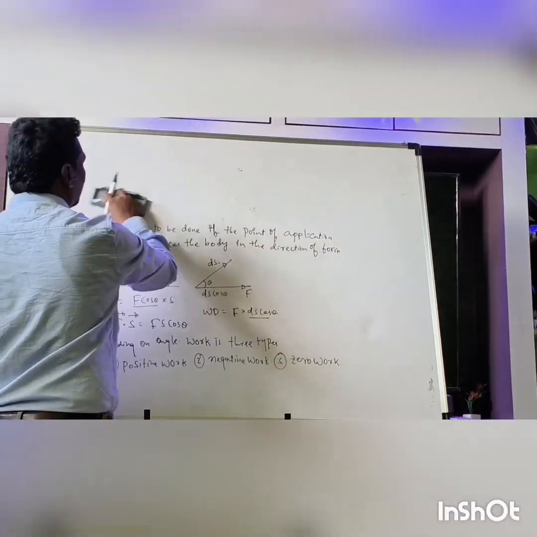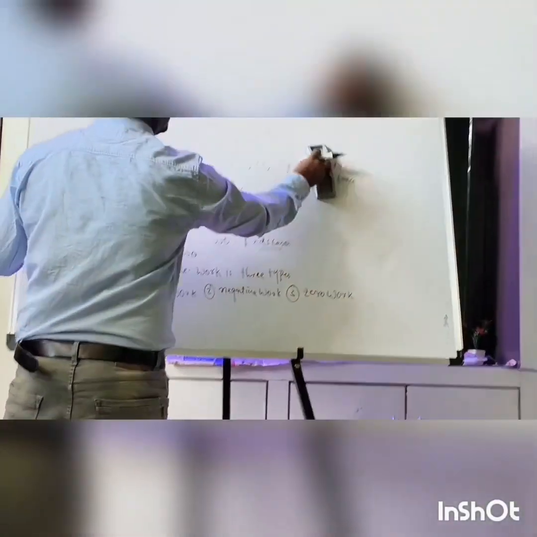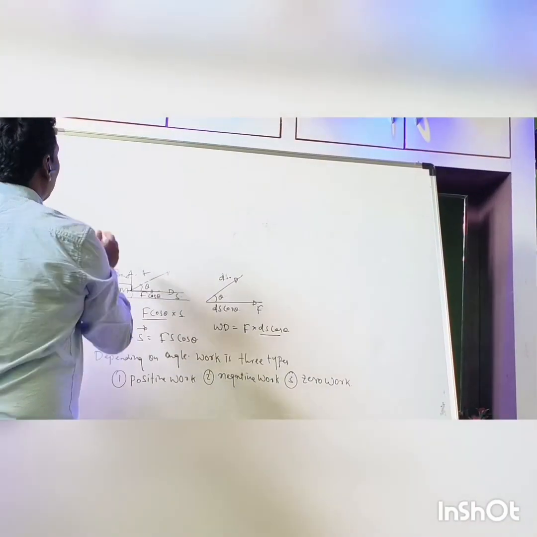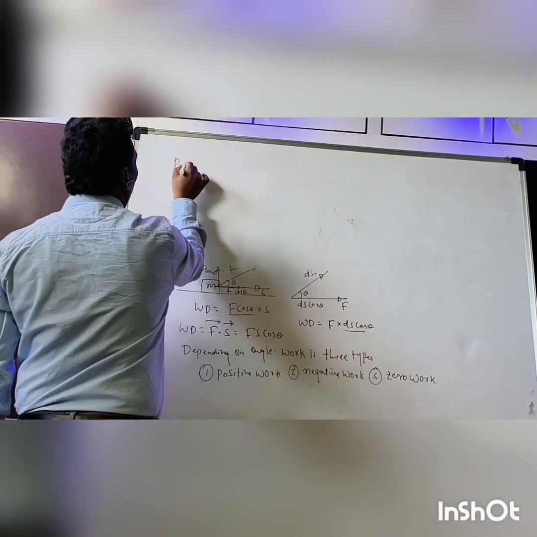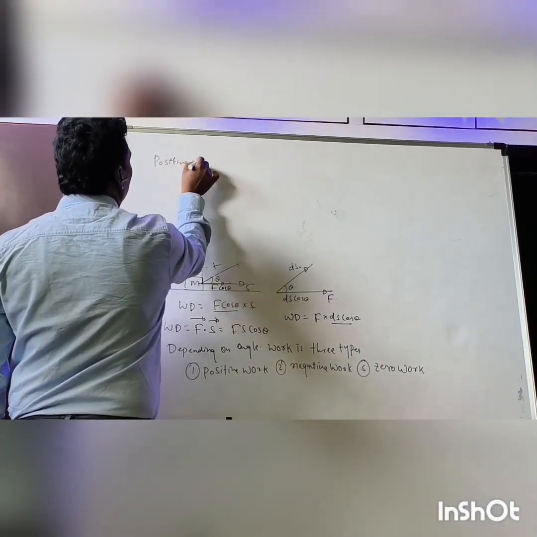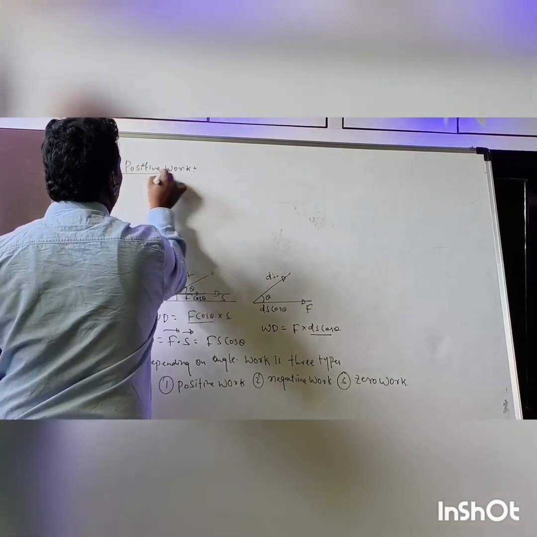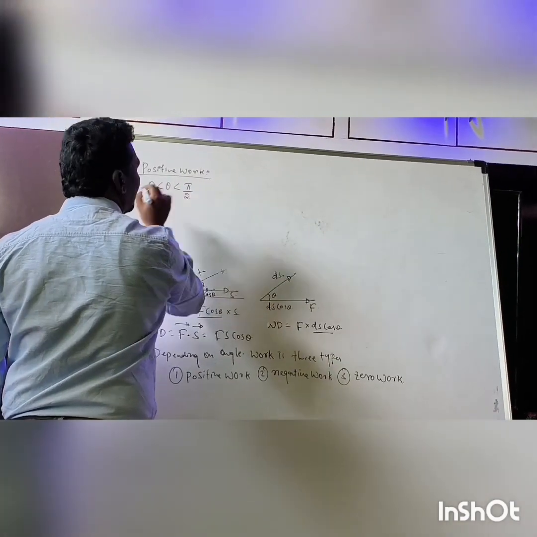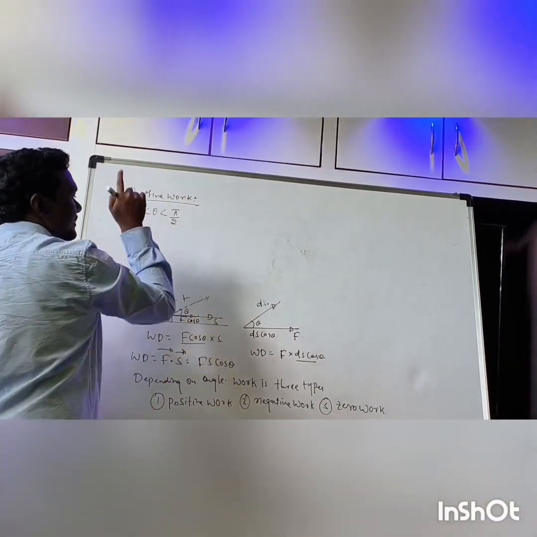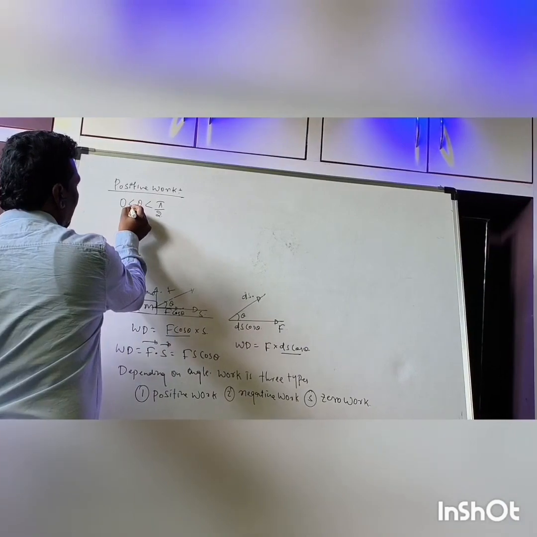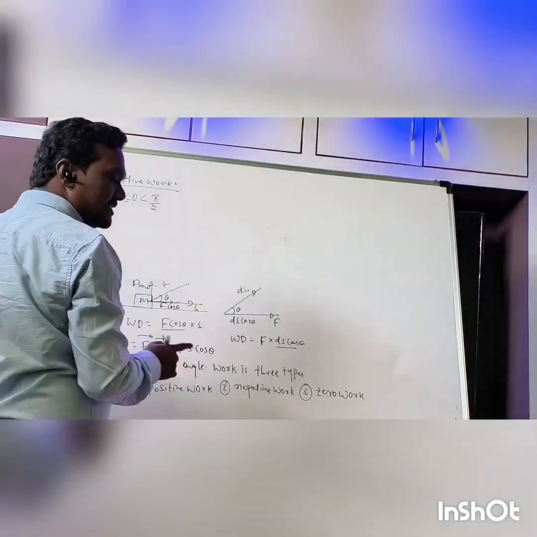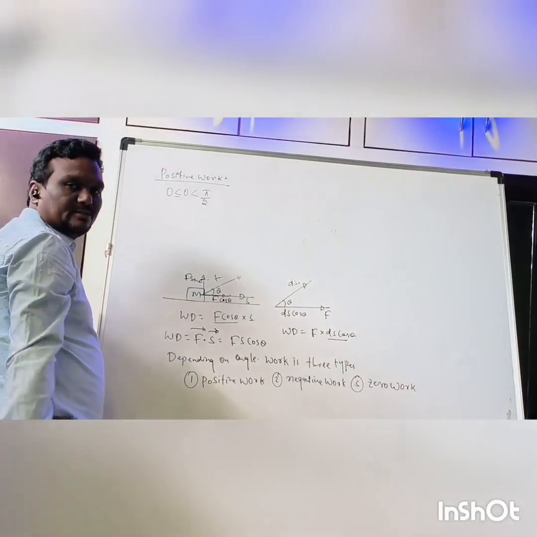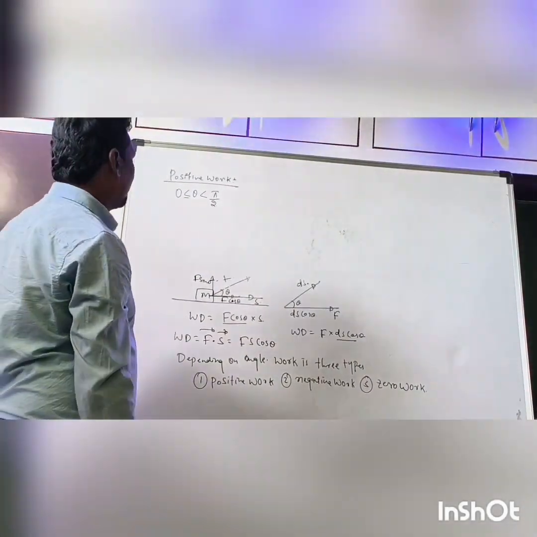So what is positive work? If theta lies between 0 and pi by 2, that is 90 degrees, work is said to be positive.